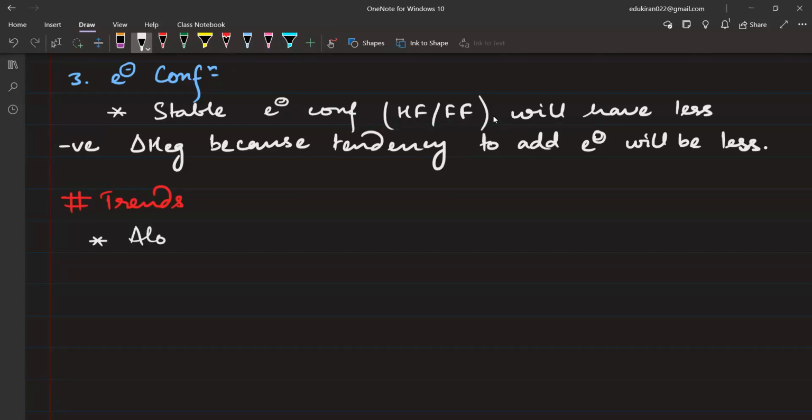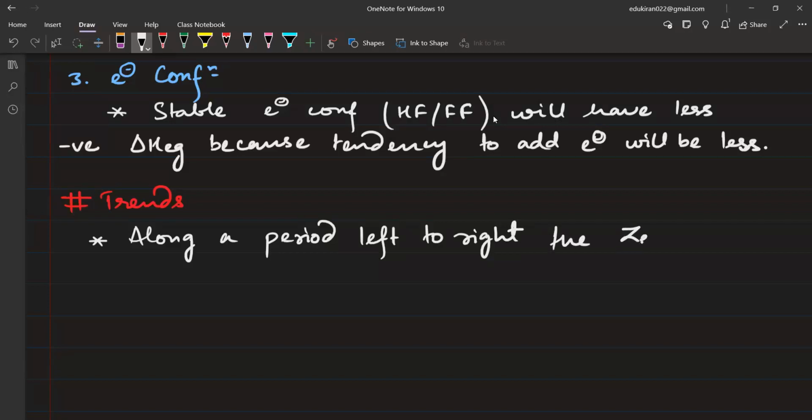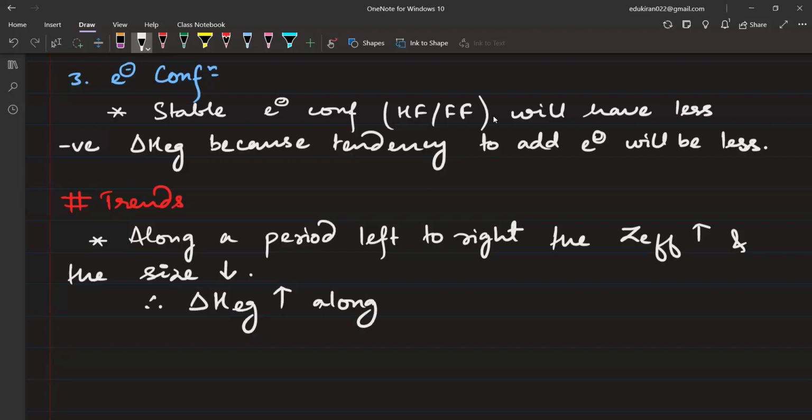Please write, along the period left to right, the Z effective increases because the atomic number increases and the size decreases. Therefore, delta HEG increases along the period from left to right.